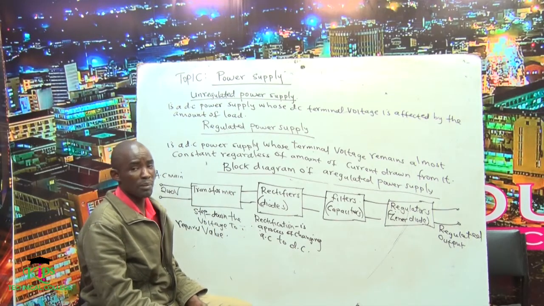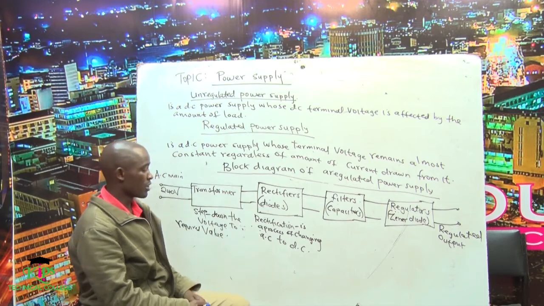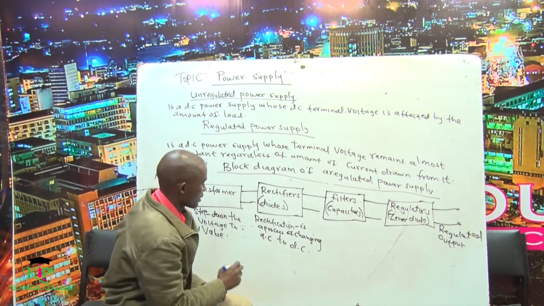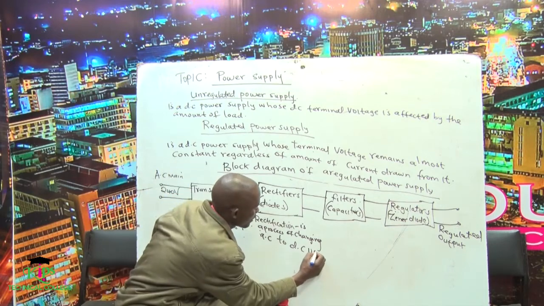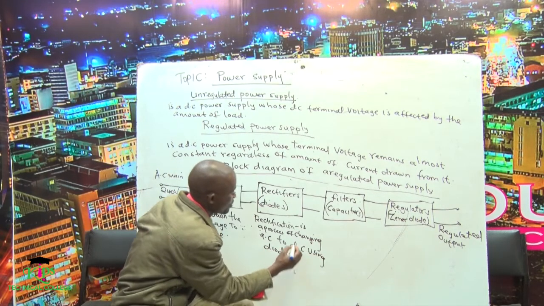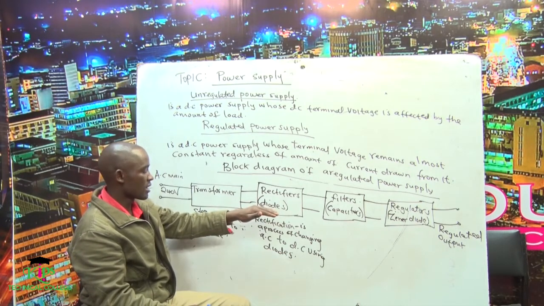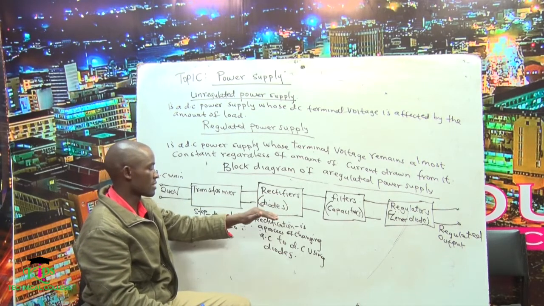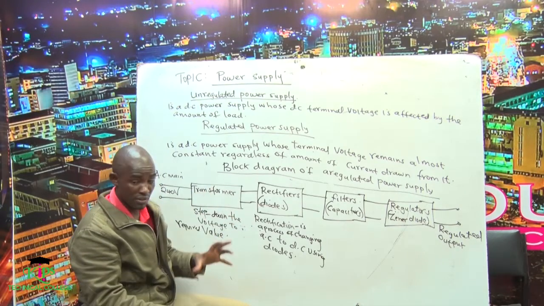So rectification is a process of converting an AC signal to DC signal, and we employ diodes. In this case, we will be using diodes, and that is why I've said the key component that is used in rectification process is diodes. So the second stage is about rectification.